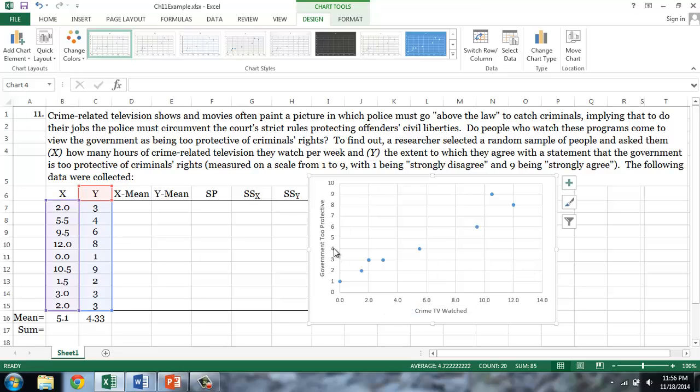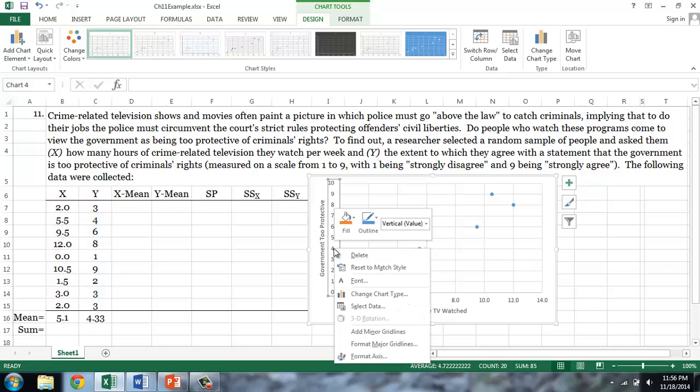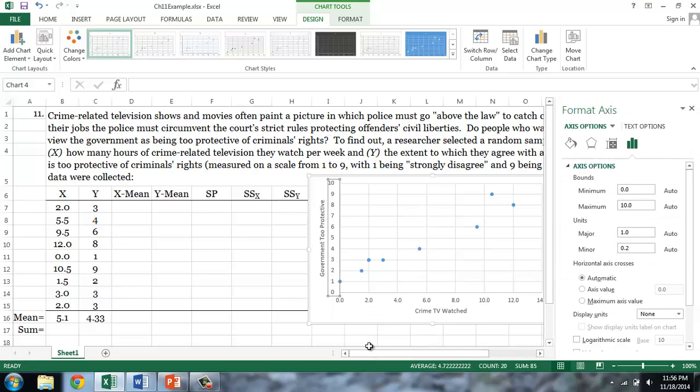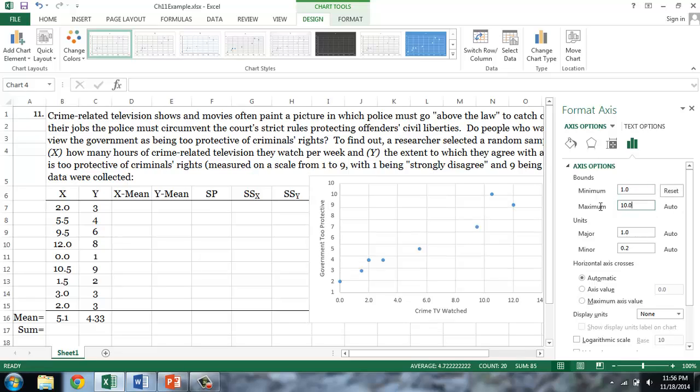Next, I'm going to change the scale on the axes. So I'll right-click on the y-axis and select Format Axis. And since the responses to this question range from 1 to 9, I'll change the bounds to a minimum of 1 and a maximum of 9.